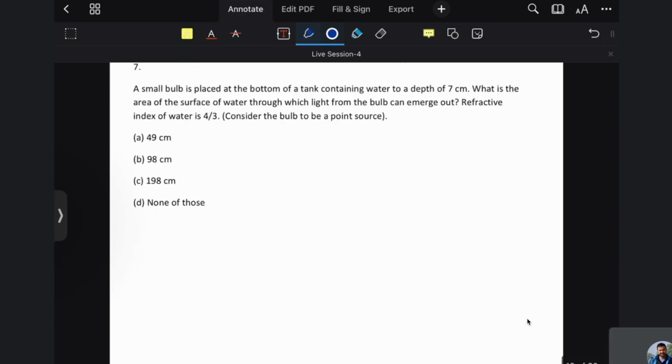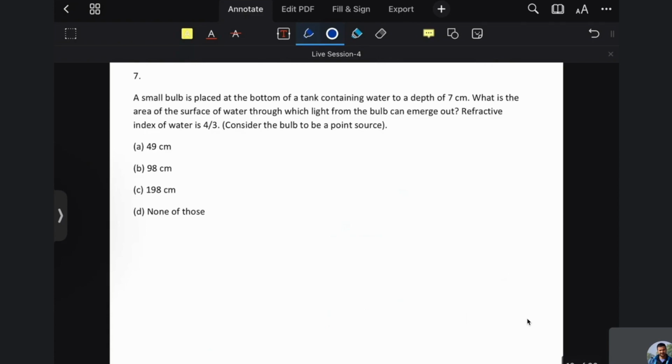Now we have the seventh problem. It says a small bulb is placed at the bottom of a tank containing water to a depth of 7 centimeter. What is the area of the surface of water through which light from the bulb can emerge out?